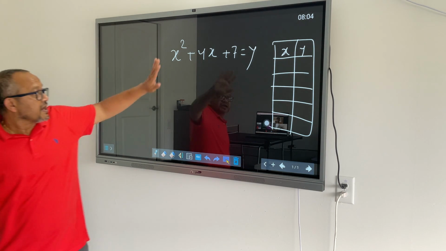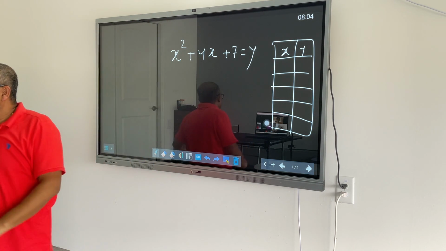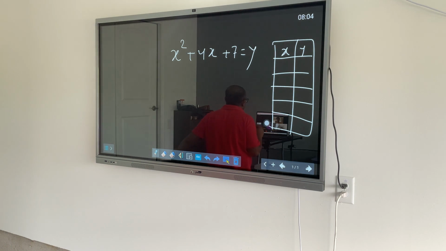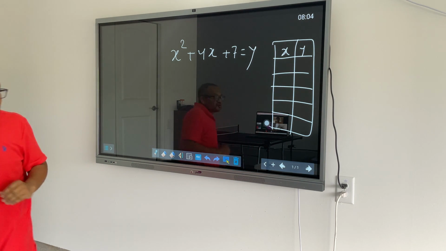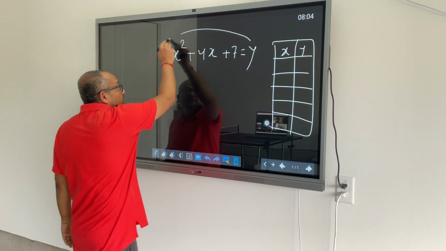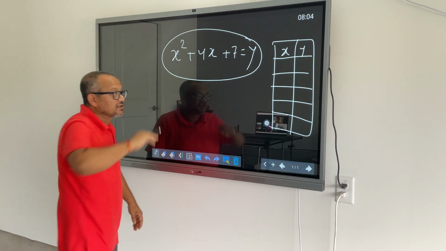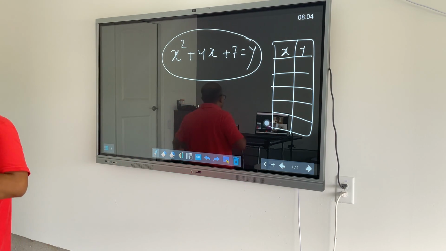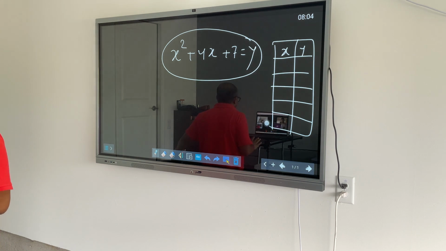So what I'm saying is, any equation that you have, if I ever ask you to plot it on a coordinate plane, you will not go by the power of the equation, whether it's a quadratic equation, linear equation, any polynomial for that matter. You will not worry about it.